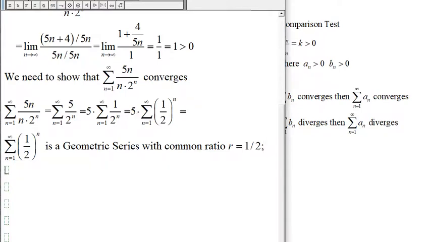And so the series converges by the geometric series test.